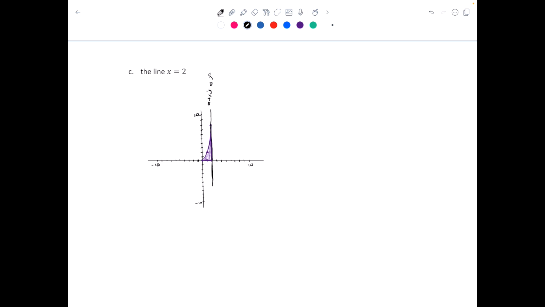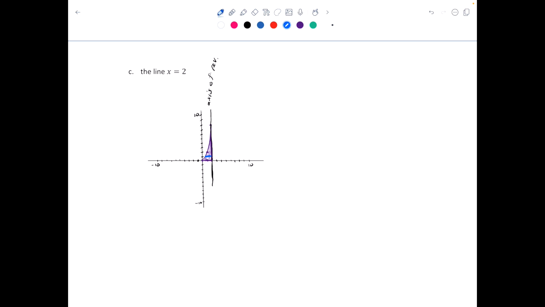So it's vertical, right? It's the line x is 2. So we're going to have to get r of y, right? Because our representative rectangle is going to be like this.